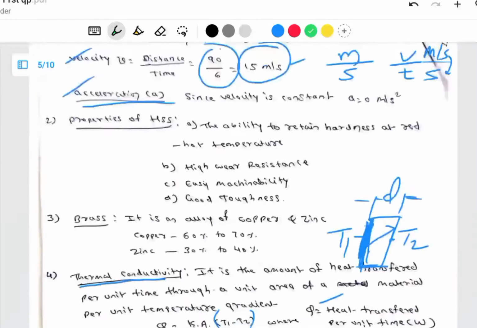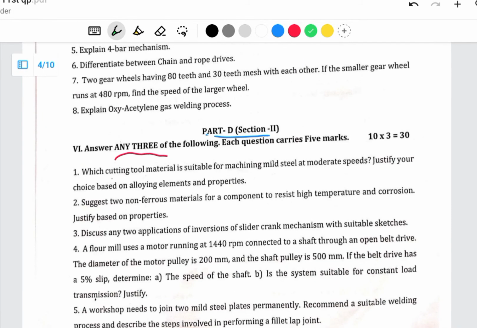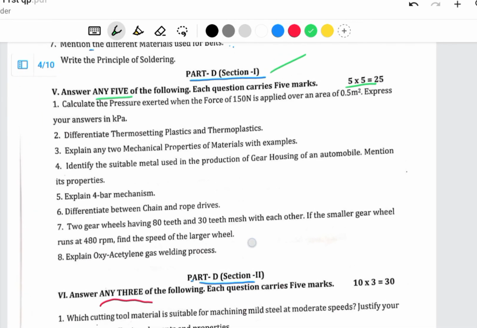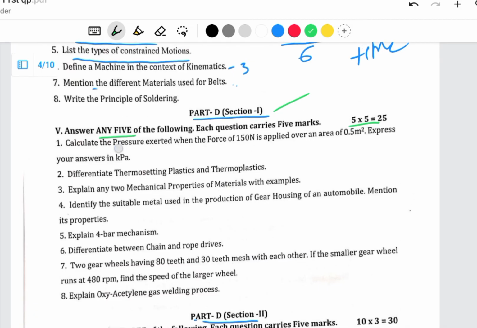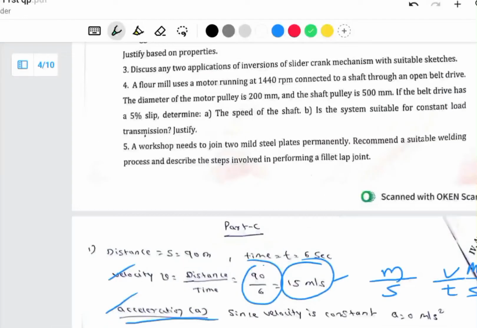So let me see first of all here. Calculate the pressure exerted when a force of 150 newton is applied over the area of 0.5 square meter. Express your answer in kilopascal. You have to answer this one.